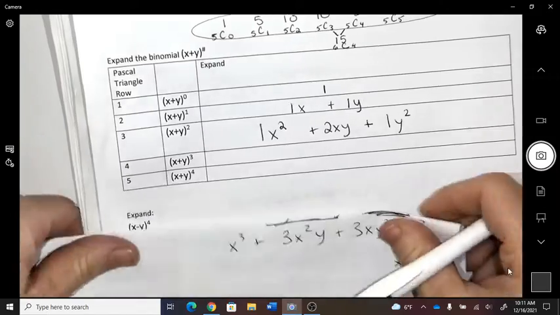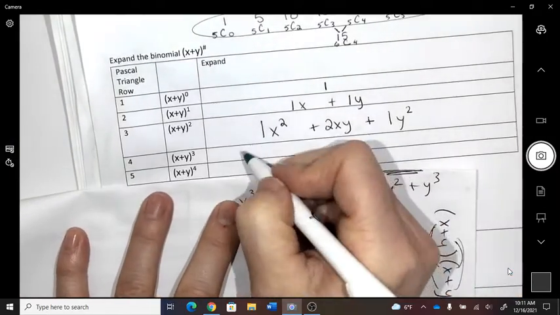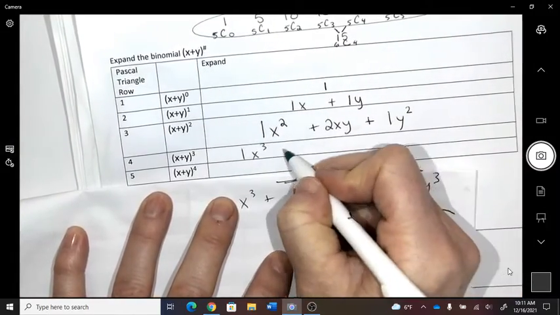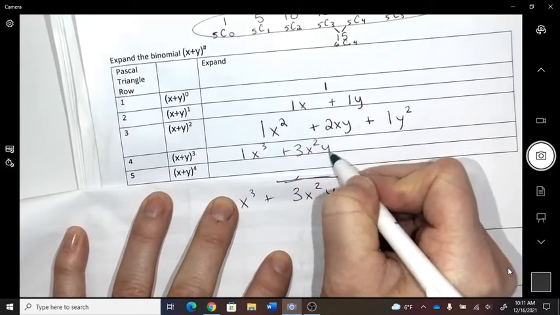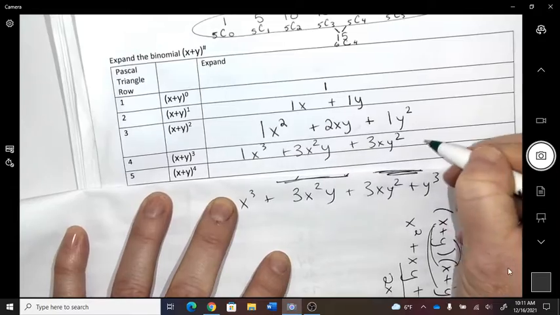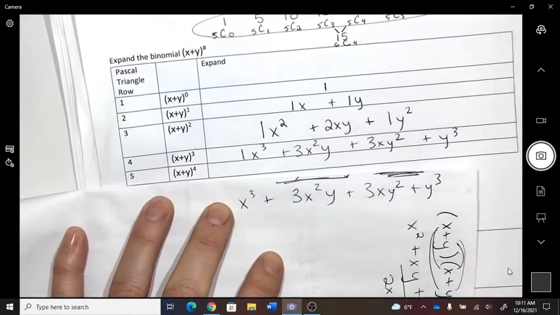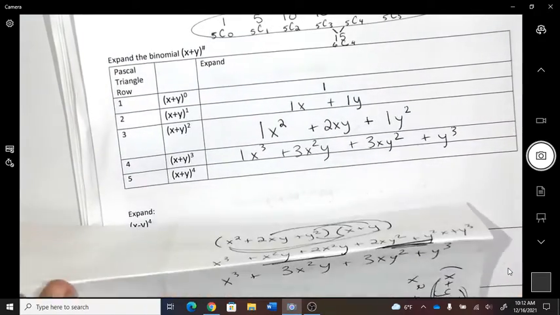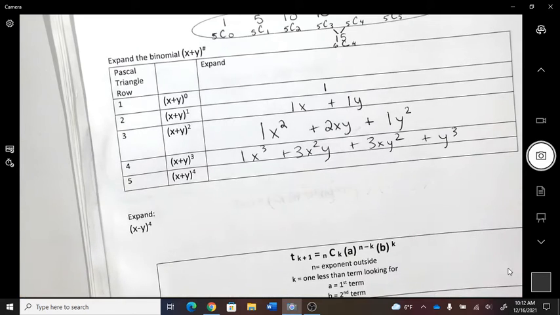Okay, so we'll write the answer down. So 1x cubed plus 3x squared y plus 3xy squared plus y cubed. Okay, I'm done doing the long way because I can figure out what's happening.